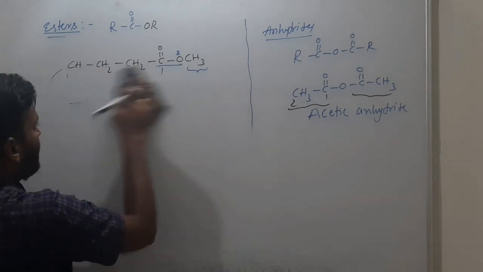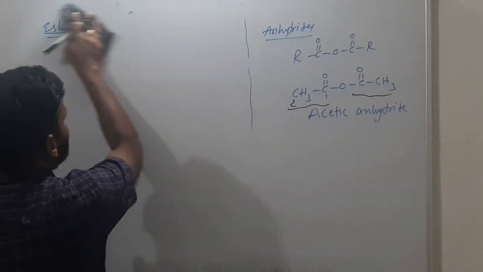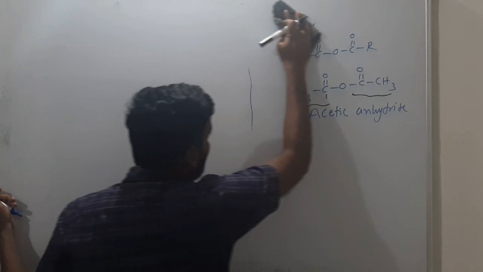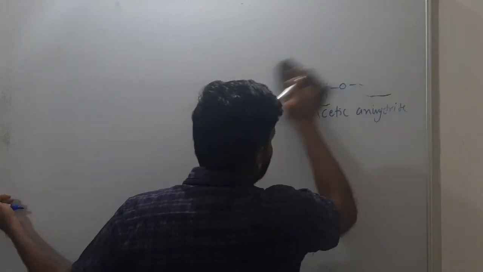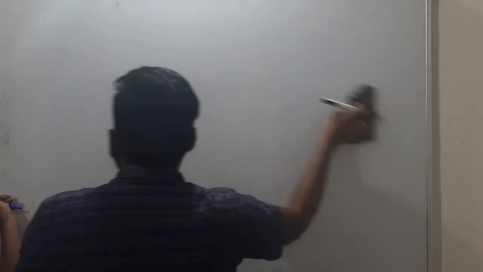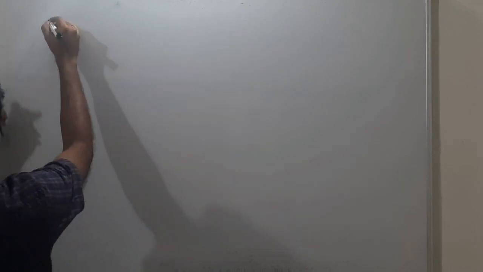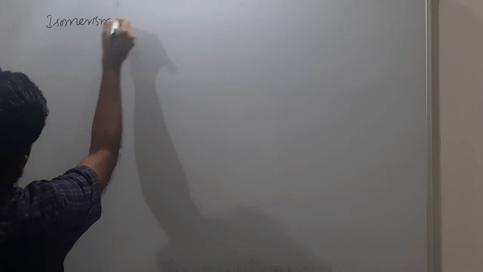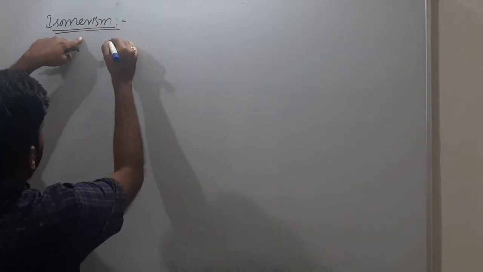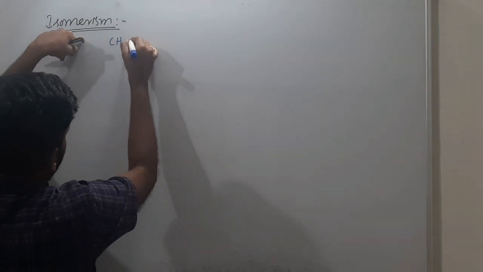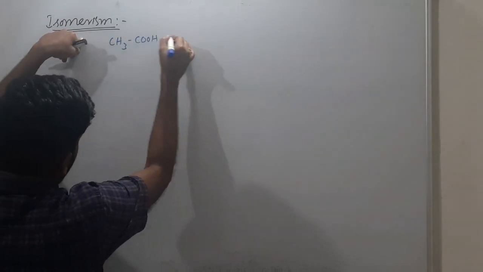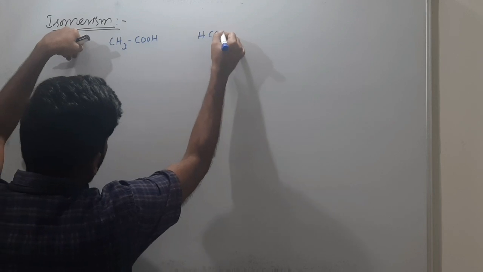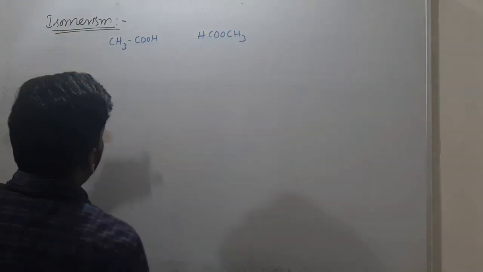Thank you very much. Next we have to discuss isomerism of these carboxylic acids. So what type of isomerism is possible? Carboxylic acids like CH3COOH, if you see, and HCOOCH3.